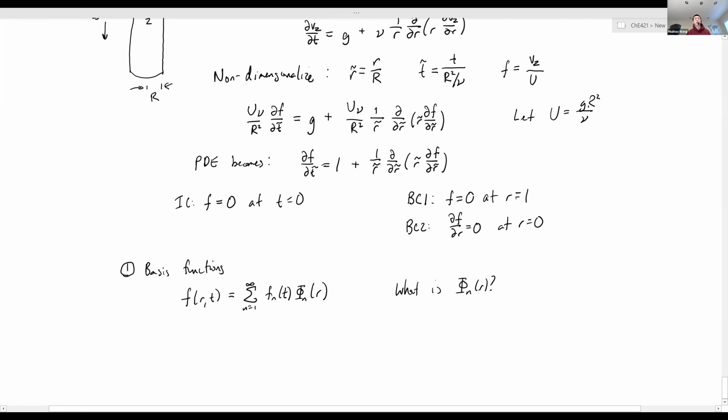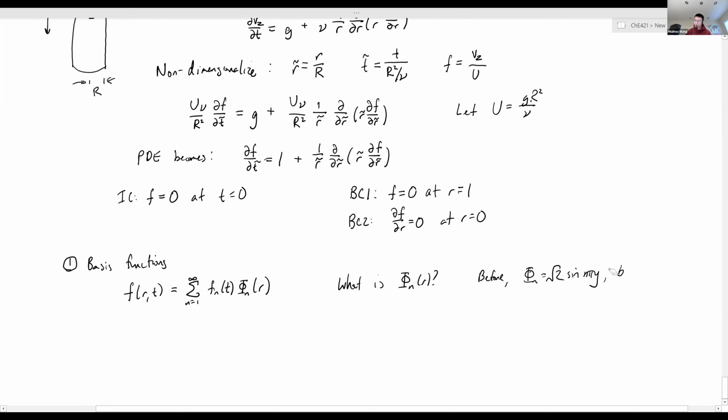To remind you, in the past, we had something like that, right? But that's not true here. Okay, and so now to get this, to remind you, the way that we found the basis functions was we solved this differential equation.